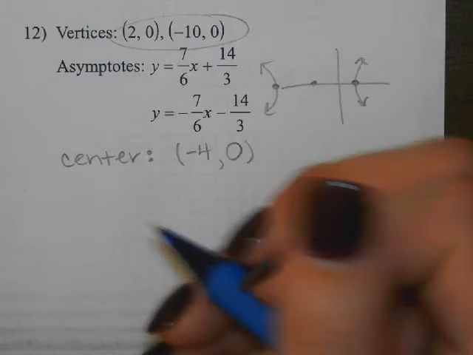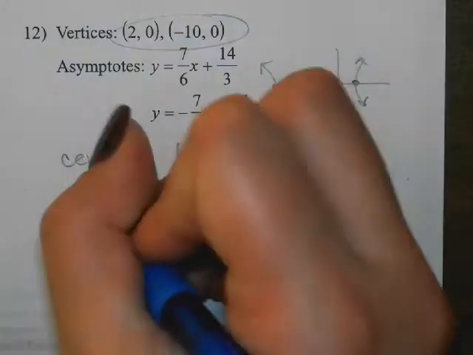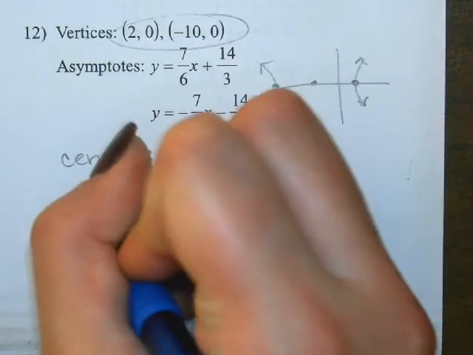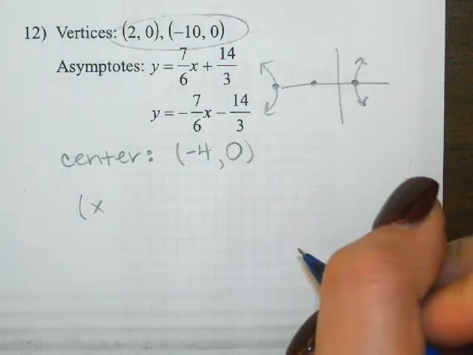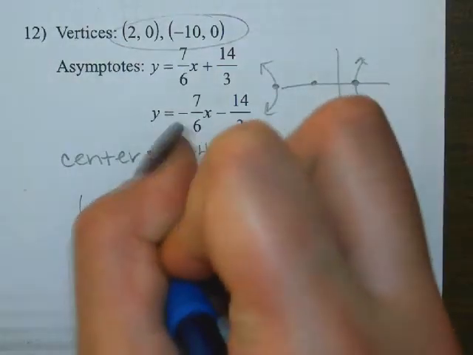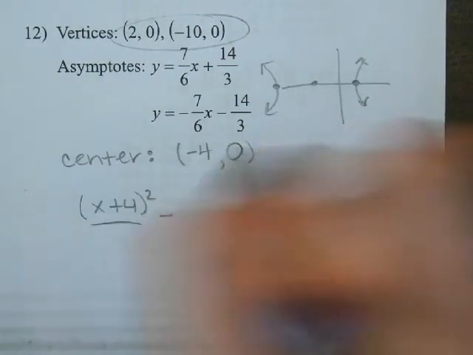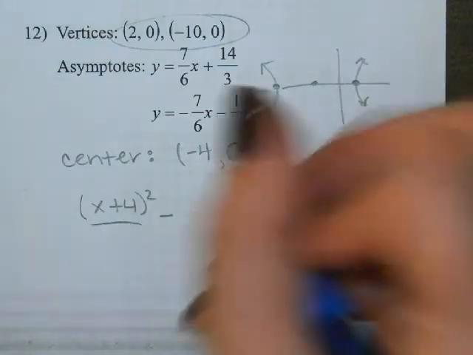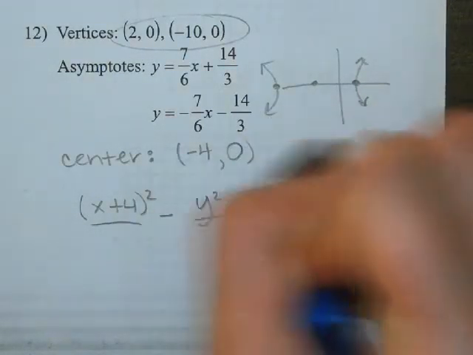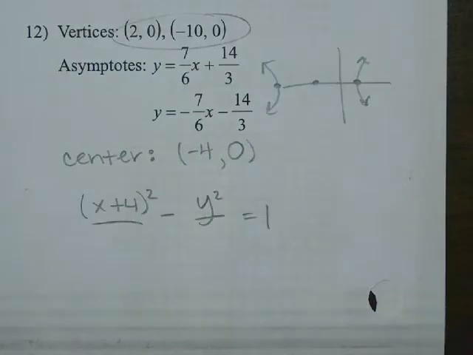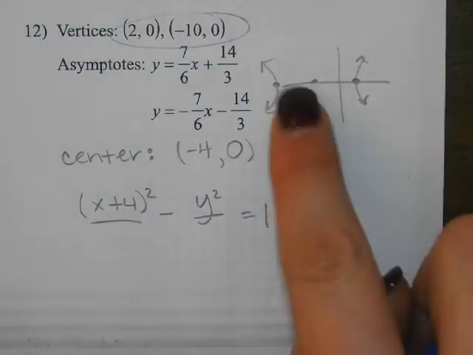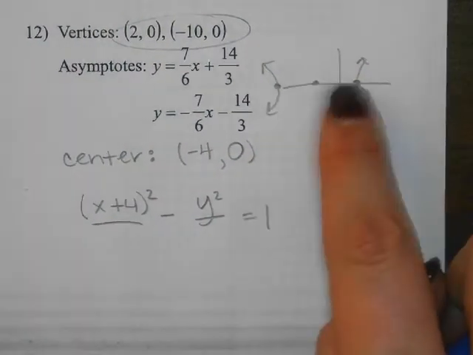It starts with x, right, because the curves go left and right, so that's going to be x plus 4 squared over something minus y squared over something equals 1. We know that this is 6, right?